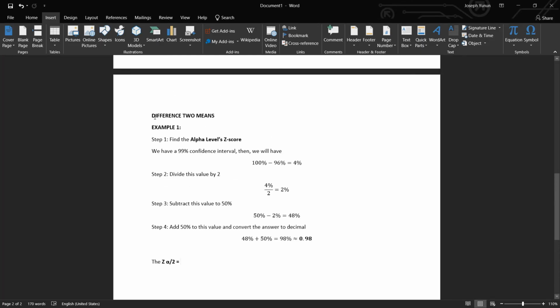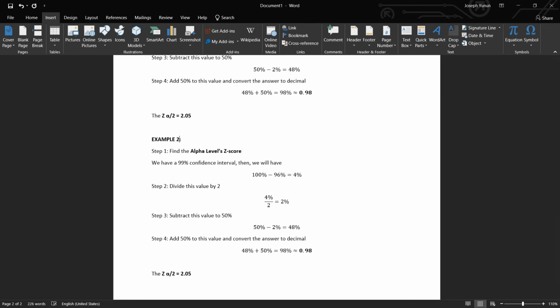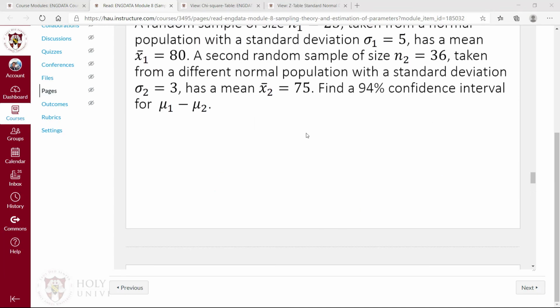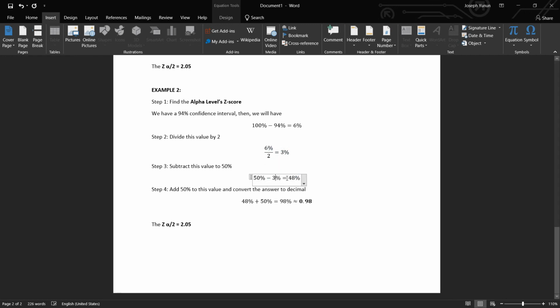So let's copy this one. This is 2.05, I forgot to place it. Then let's say this is example 2. So this is 94%, which gives us 6%, or 3% on each side. We'll have 47, then 97, so 0.97.